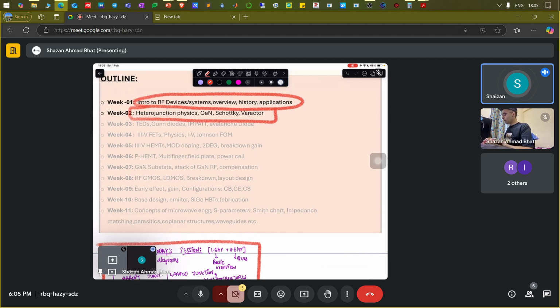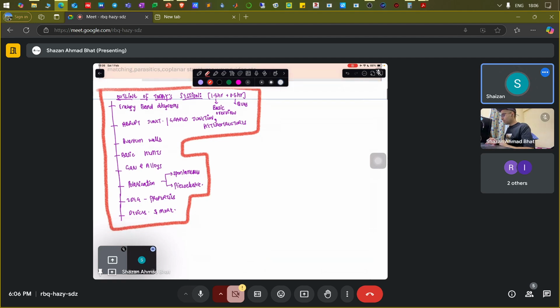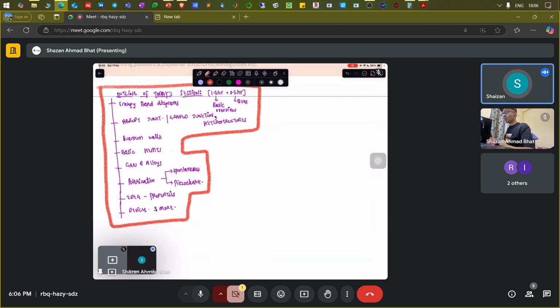For that, I have made a brief outline of what we are going to cover today. The outline for today's session is that we might be able to cover the energy band diagram and some of the physics of junctions. What are the different junctions? What are the different variations of the energy band diagram with respect to the different materials used in making those particular devices?